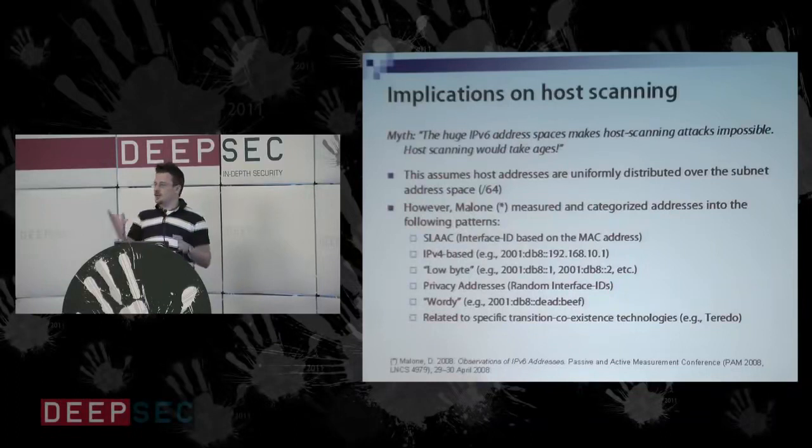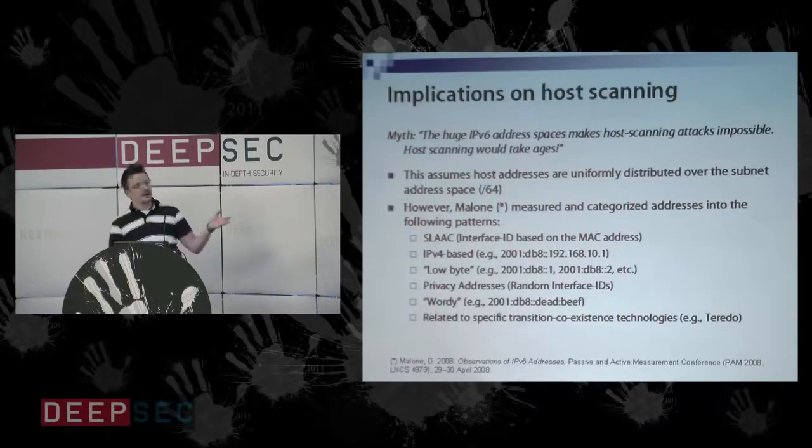Usually the estimations are that it would take more than 100 years to scan a complete network. That assumption comes on one hand from the increased address space, but on the other hand because people usually assume that the host addresses are selected randomly from the available address space.